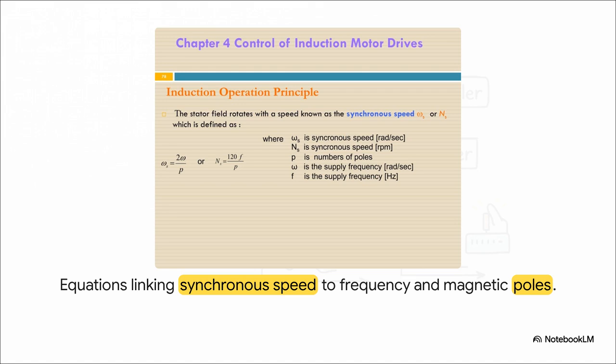So the synchronous speed is literally locked to how the machine is physically built and the frequency of the power feeding it. And to really dive deep, engineers actually model this relationship using equivalent circuits. They map these physical realities into electrical components so they can calculate the various power stages, tracking everything from the raw input electrical power all the way down to the final mechanical power output right at the shaft.